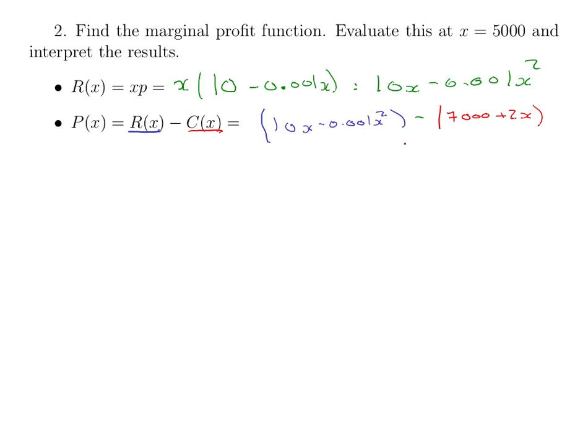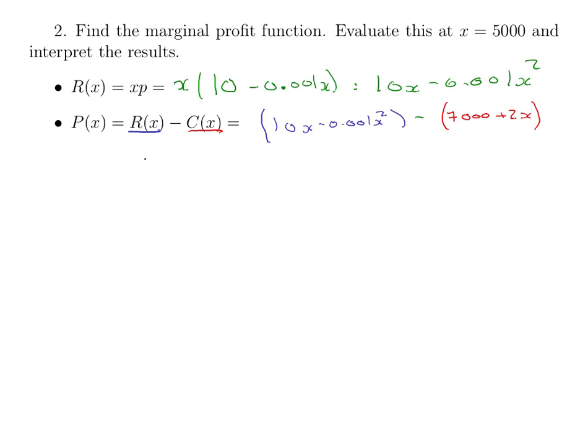Now I've put parentheses around here because if you don't, a lot of people will end up subtracting 7,000, then adding 2x if they forget these parentheses. Let me show you what that would look like. I'll get rid of these things just so you can see. They'll forget that they're actually subtracting 2x, so they would say 12x instead of 8. Don't forget that we're subtracting the whole cost function.